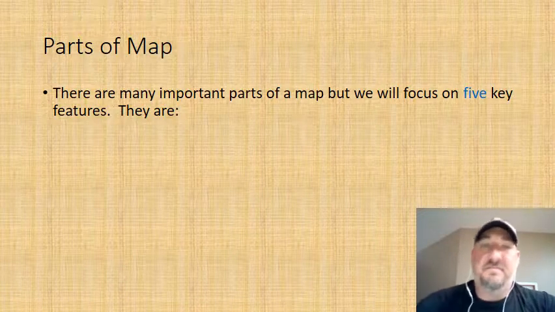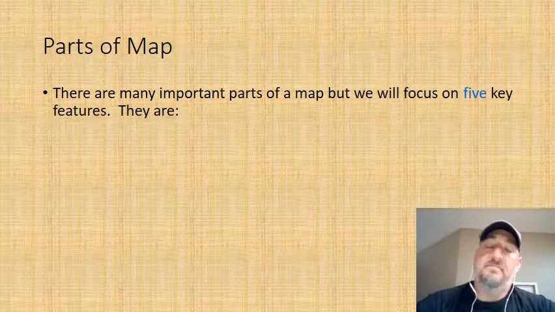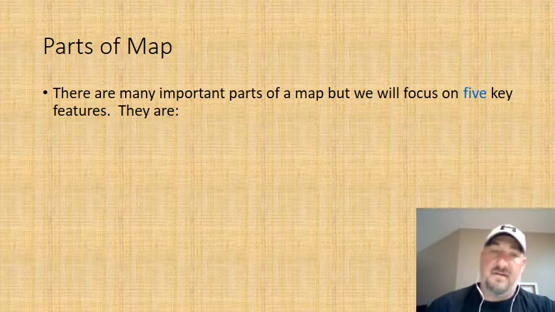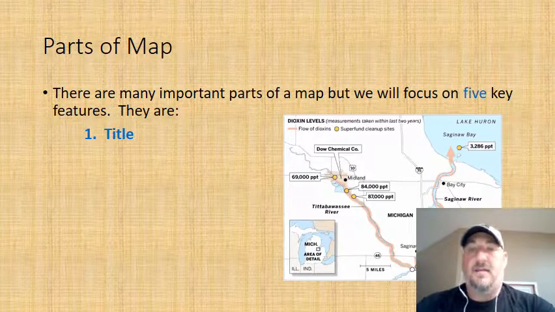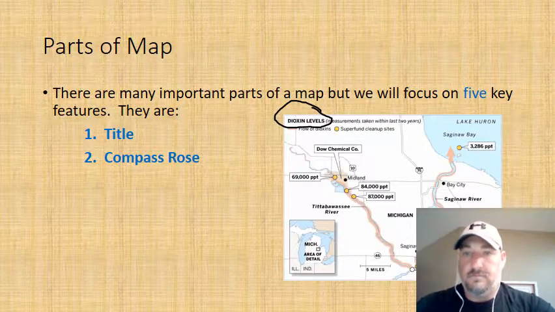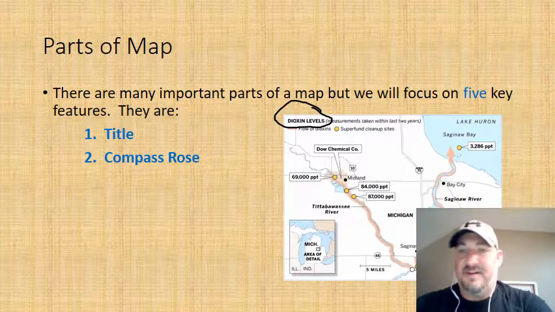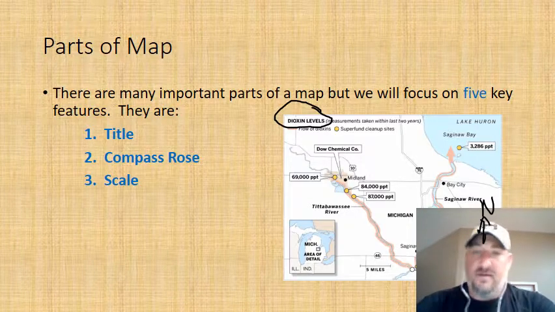Map essentials, parts of a map. There are five important parts to the map that we're going to focus on. The title. So what are we looking at? We're looking at dioxin levels. The compass rose. Not seeing what it is, but that would give us north. Scale, right?